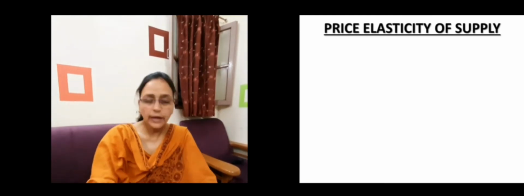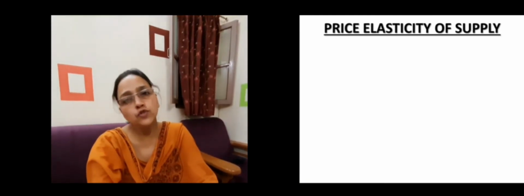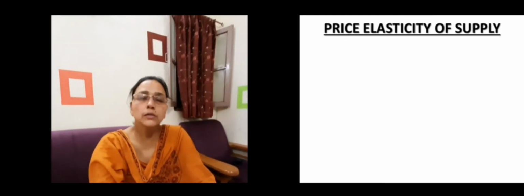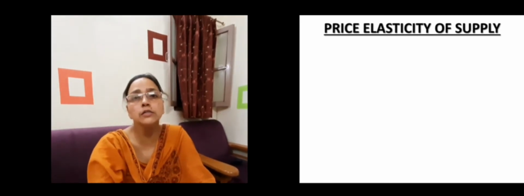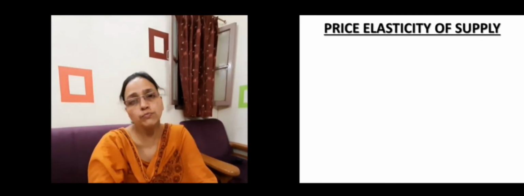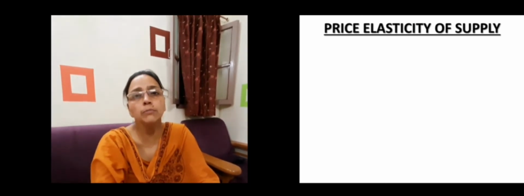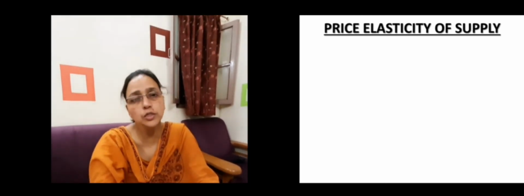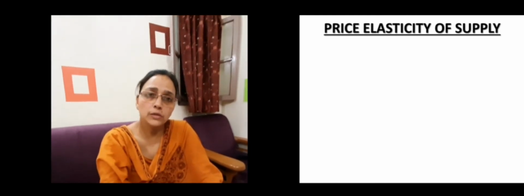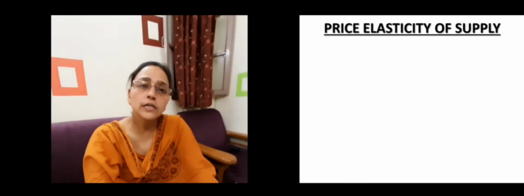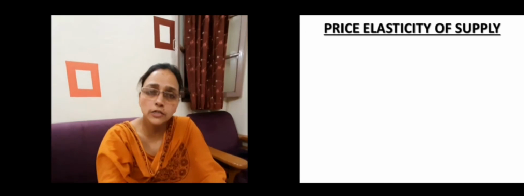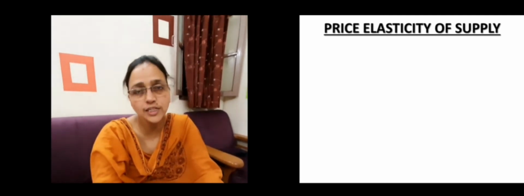Alright children, next topic is price elasticity of supply. The law of supply tells us the direction of movement of change in supply to change in price, the way the law of demand was telling us the change in demand to change in price. Again, it is not telling us the magnitude or intensity of the change in supply to change in price.